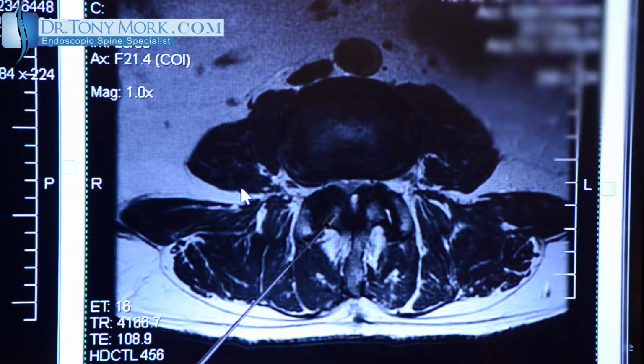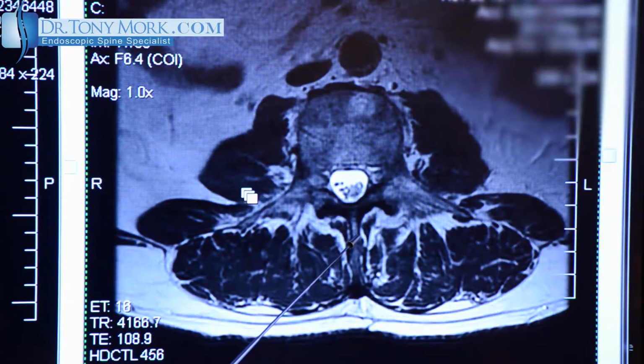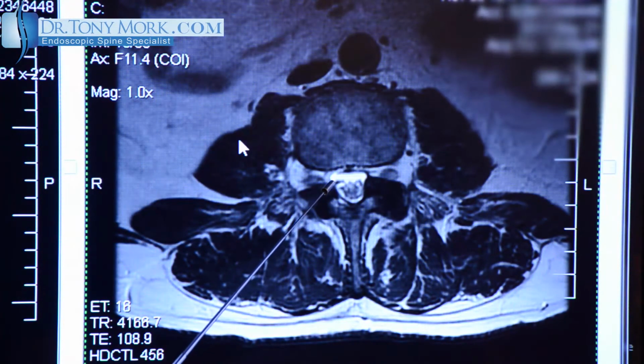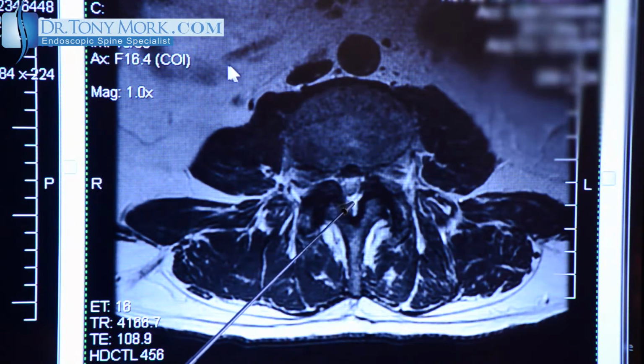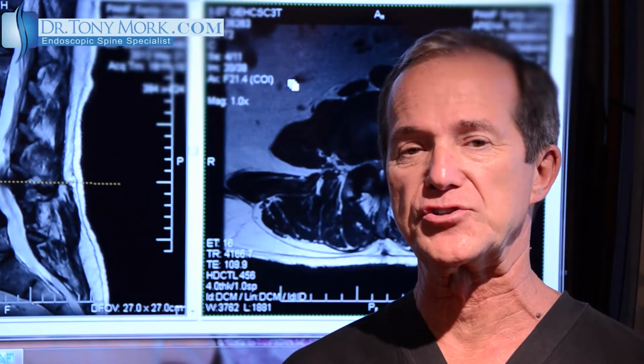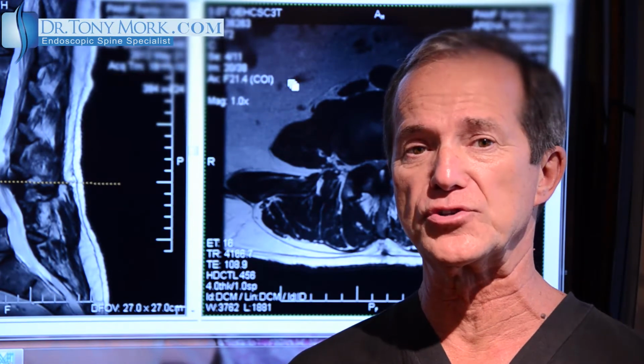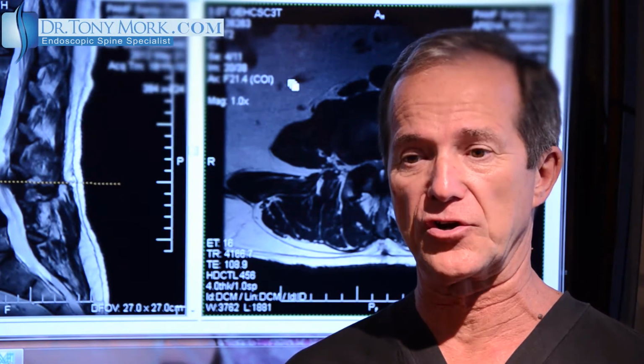It's been compressed significantly as opposed to looking at it maybe a level or so above, where we can see that this is the normal appearance and the little dots actually represent the nerves of the cauda equina, or the spinal cord. We can see it starts to get compressed as we go a little bit lower, and then it gets really compressed as we get into the maximum area where the degenerative facets are pushing in. This is what's referred to as adjacent disc disease. In case you don't know, this is one level above the fusion, and this is where the disease is occurring.